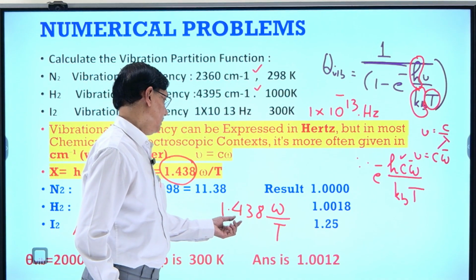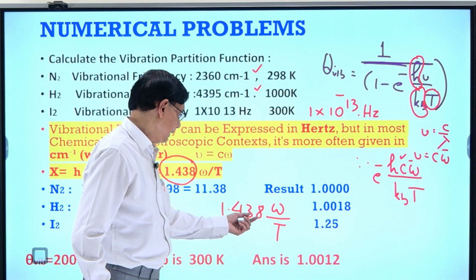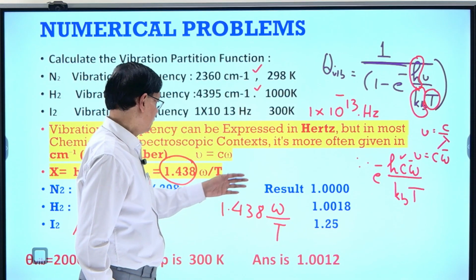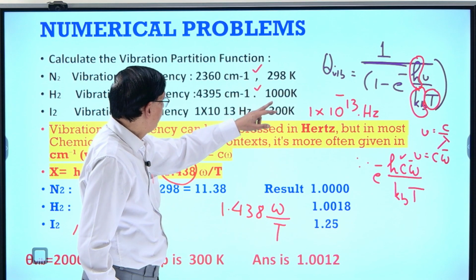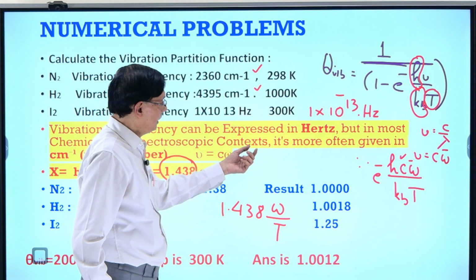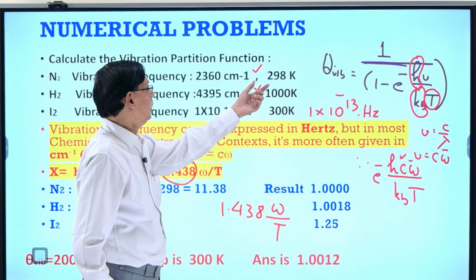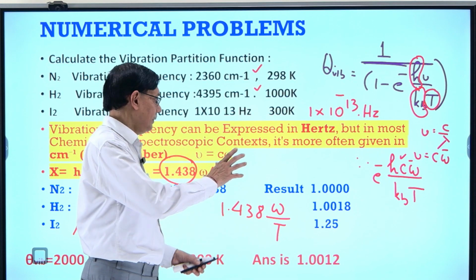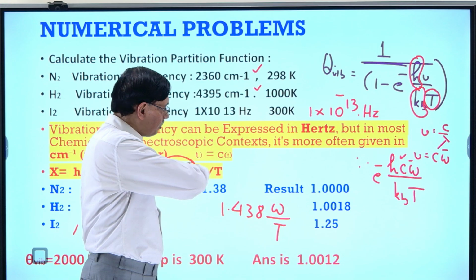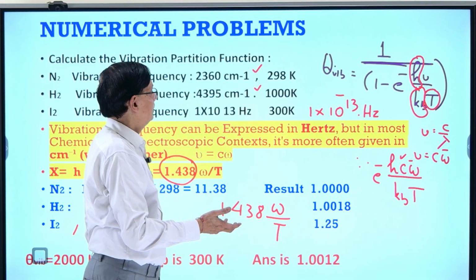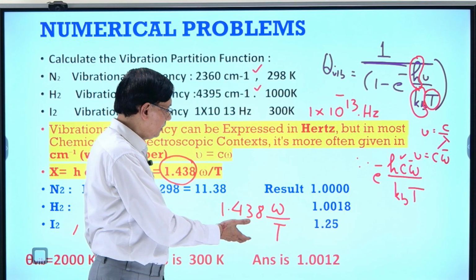Suppose omega is given as 2360, so 2360 divided by the temperature. As I told in the first part, it is temperature dependent. If the temperature is very low, generally the value of the partition function is around 1, because the higher levels are not populated, and if you increase the temperature, sometimes to 2000 or 3000, there is a chance of population.